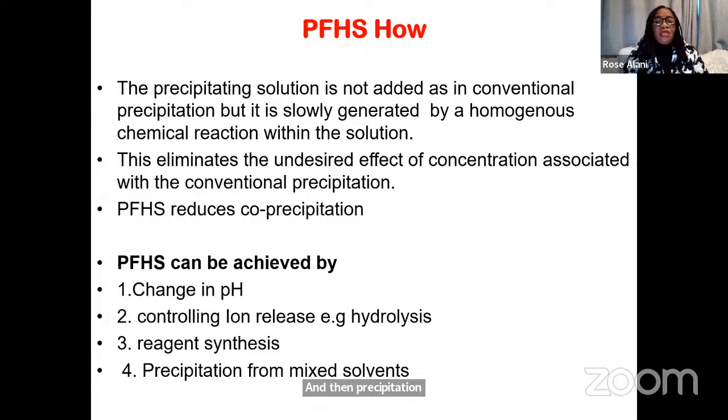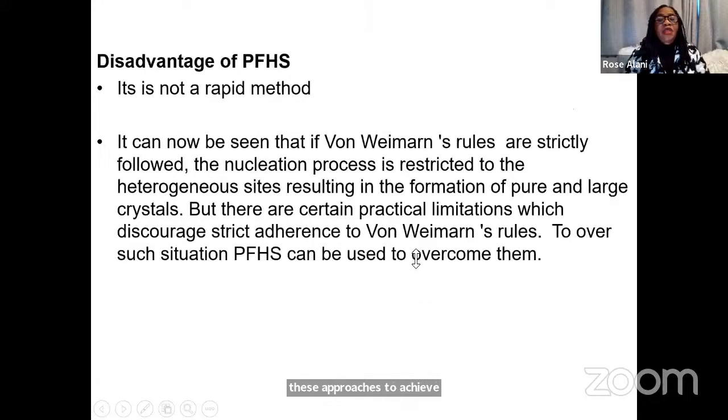You can use these approaches to achieve PFHS. There are disadvantages also of PFHS.